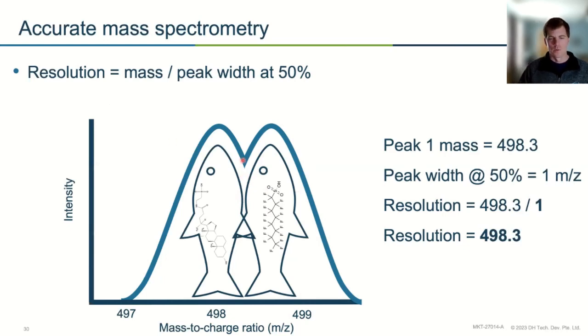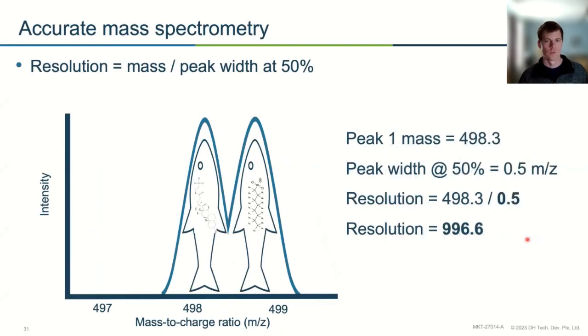What you would see here is not good separation. This is a problem in our analysis, and it's not good enough to separate the two compounds. How we would calculate this resolution is by taking the mass, 498.3, divided by the peak width at 50%, so that's 498.3 over 1. Our resolution is 498. That degree of resolution is not good enough for us to separate these two compounds. There's too much overlap. We would get some false identification.